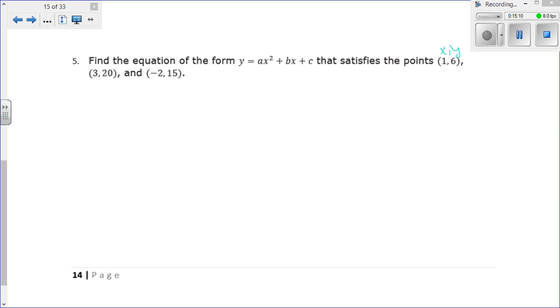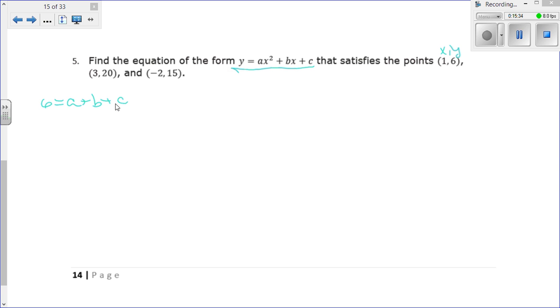So I need to create my equations. So my equations are going to come from substituting 6 for y and 1 for x into this equation. So 6 equals 1 squared is just 1, so a plus 1 times b is b plus c.